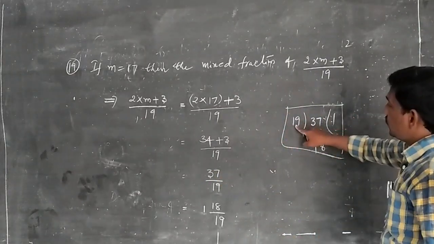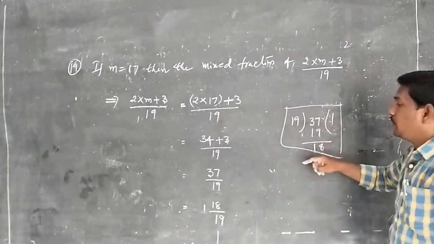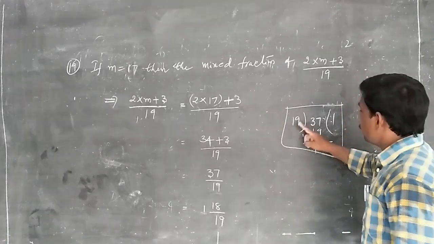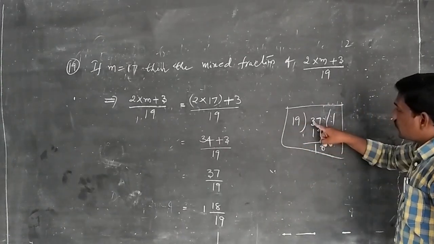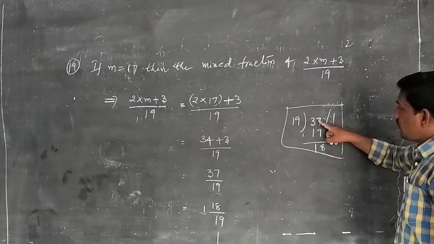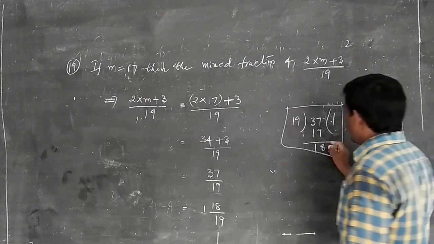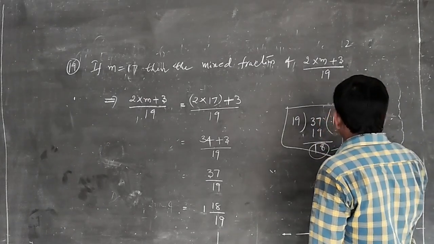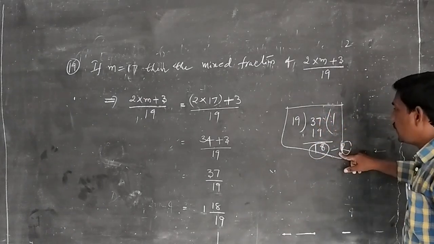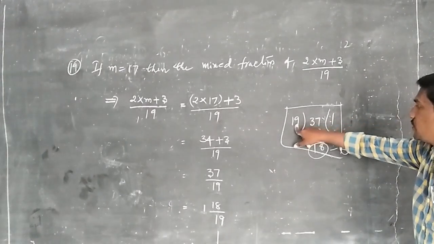If 19 twos are 38, it is more than 37, so take only one. 19 ones are 19. 37 minus 19, 18. So what is the remainder? 18 is the remainder and 19 is the divisor.